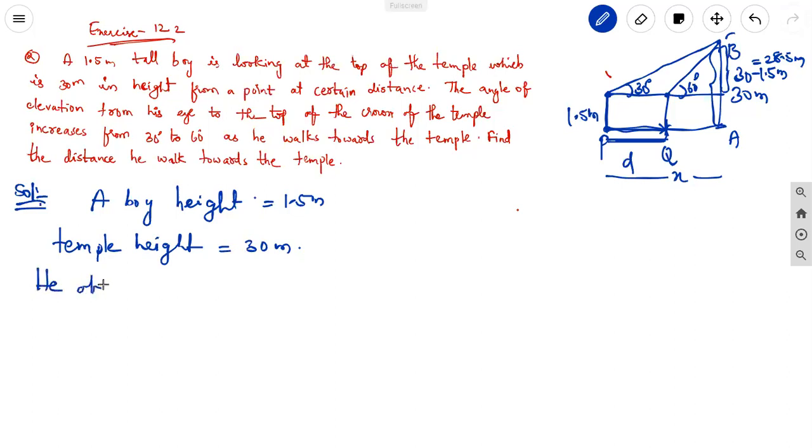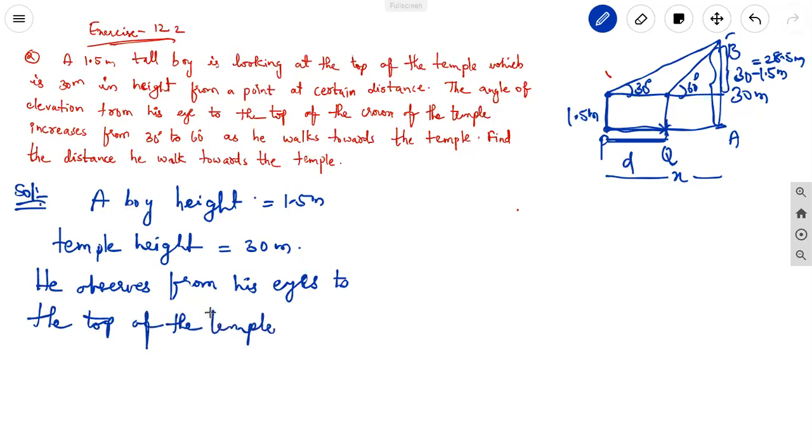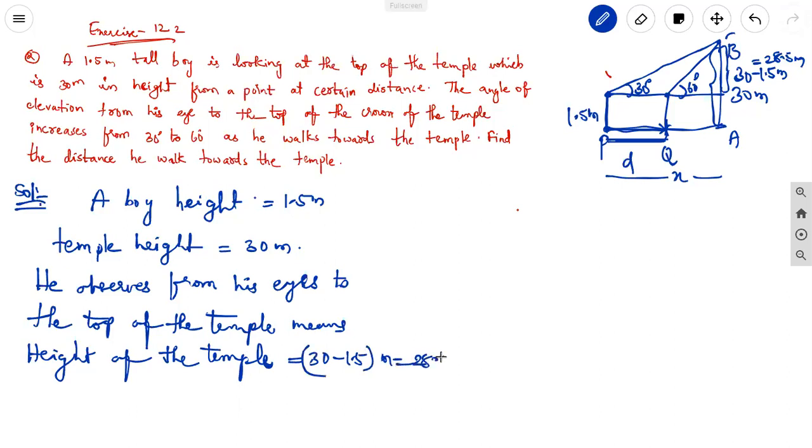He observes from his eyes to the top of the temple, which means the height is 30 minus 1.5 meters, equal to 28.5 meters only.